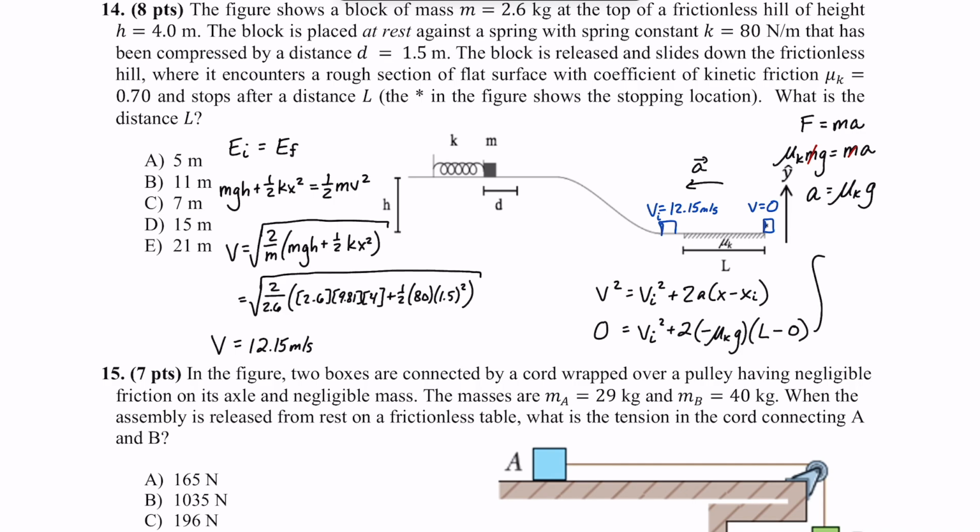Rearranging this to solve for L, I have my initial velocity squared divided by 2 mu k times g. So plugging in numbers, and putting it into a calculator, I get that L is equal to 10.76 meters, which when I round is equal to 11.